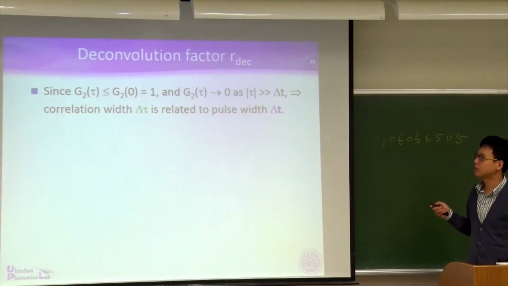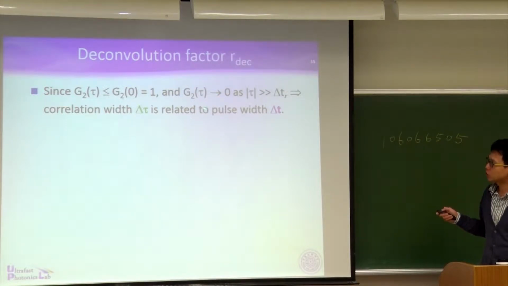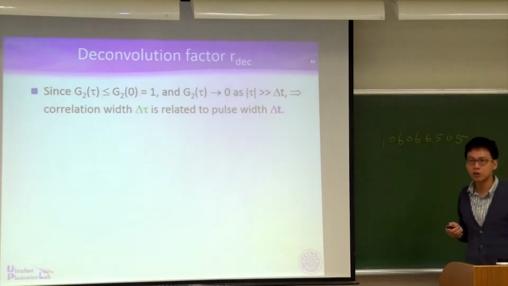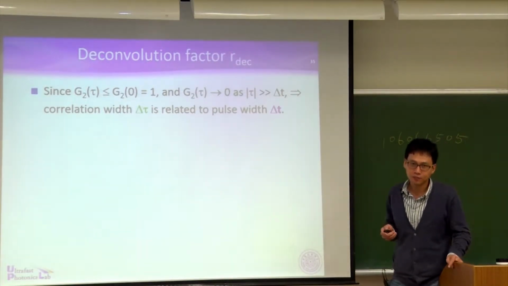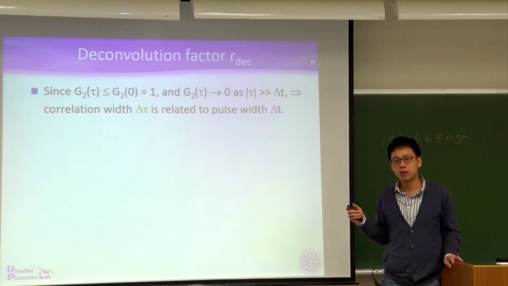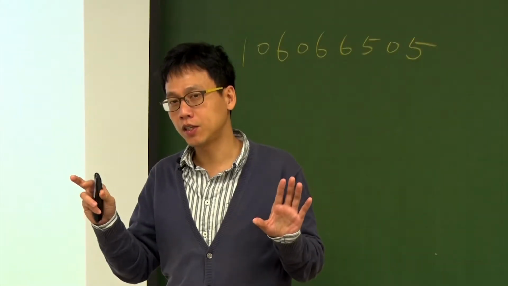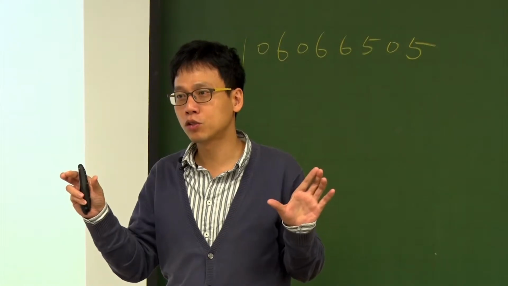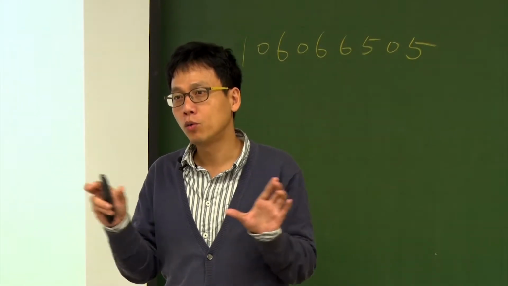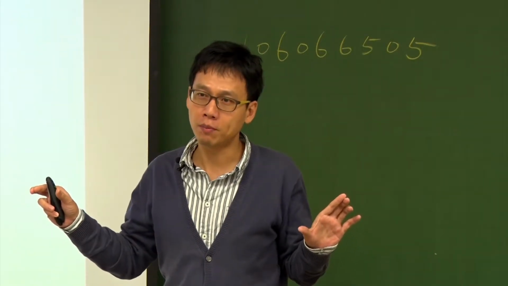The second fact is your G2 function will always die off, going to 0, if your delay is much larger than your pulse width. It means when the delay is much larger than the pulse width, I of t and I of t minus tau, the two waveforms, will almost have no overlap.